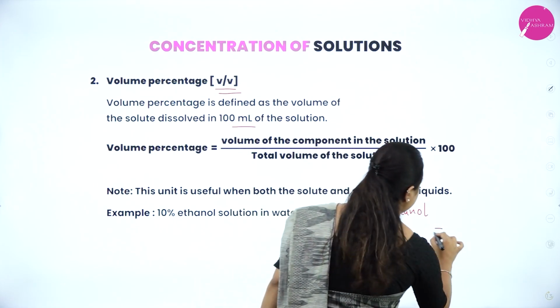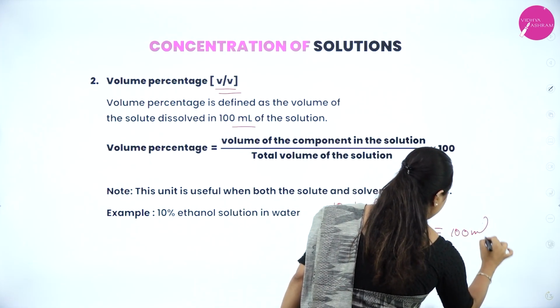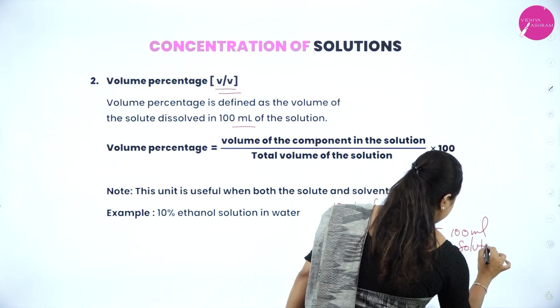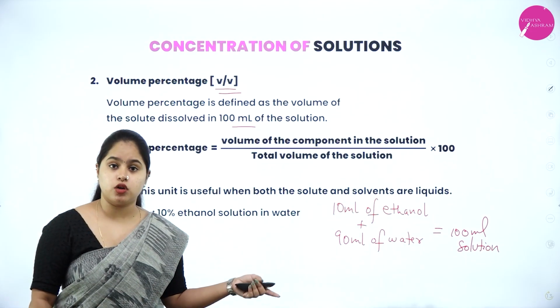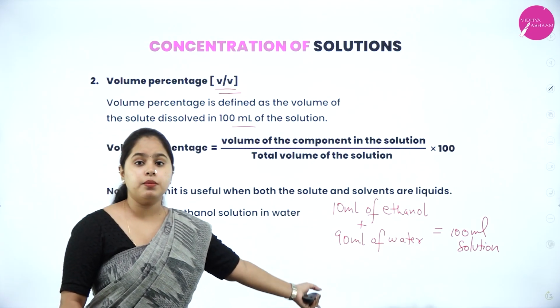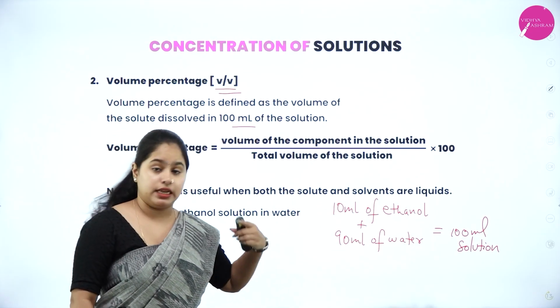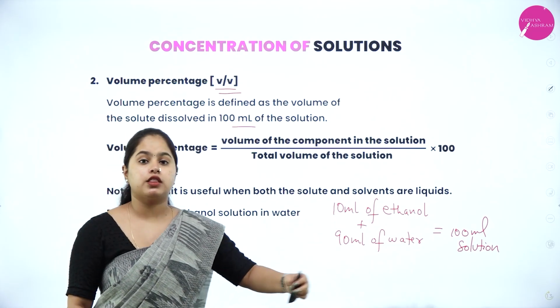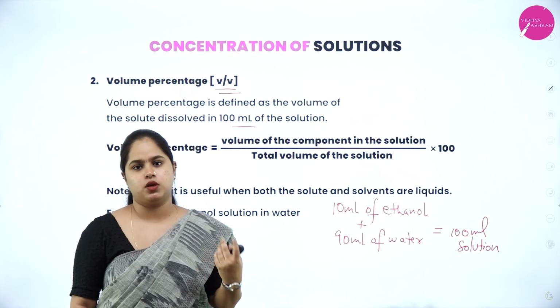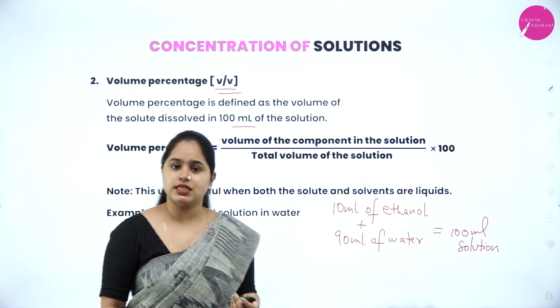Yes, that means it gives a total of 100 ml solution, right? So what you can understand, 10% ethanol solution in water means 10 ml of ethanol is dissolved in 90 ml of water, or else you can also say 10 ml of ethanol present in 100 ml of solution. Yes, I hope volume percentage is clear.